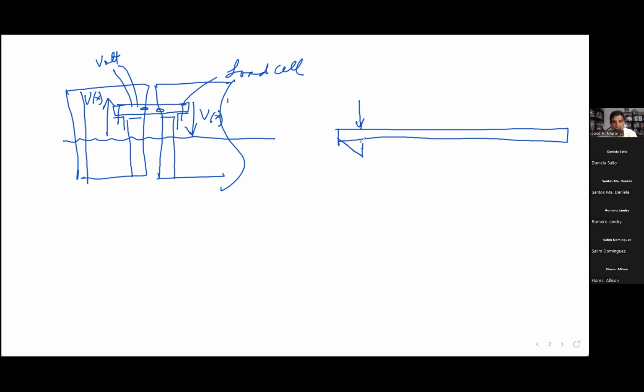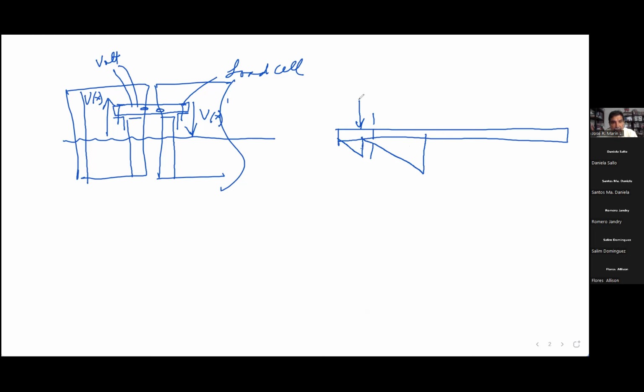This value, this jump, is equal to this force. Now, after this, we have the reduction. We have a jump. Now, if we have the cut in this point, then we're going to obtain this value here, or something similar.